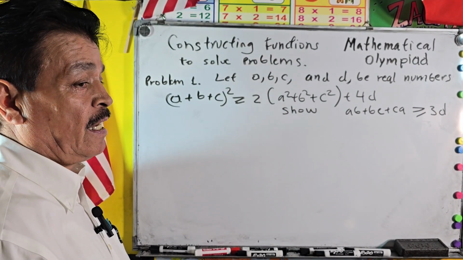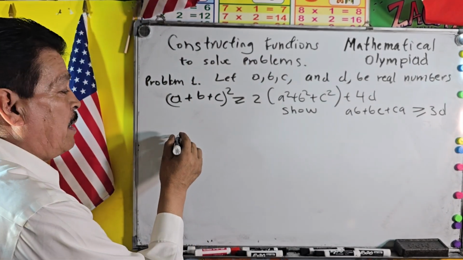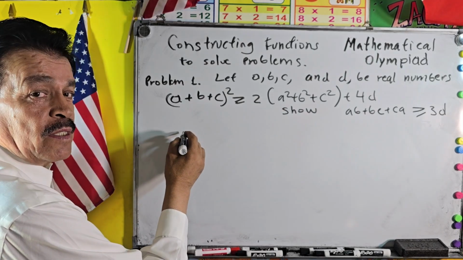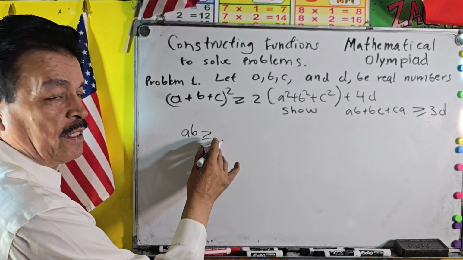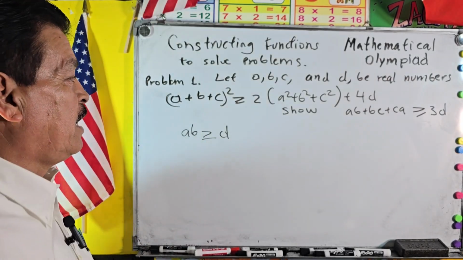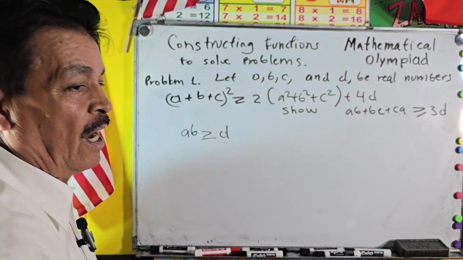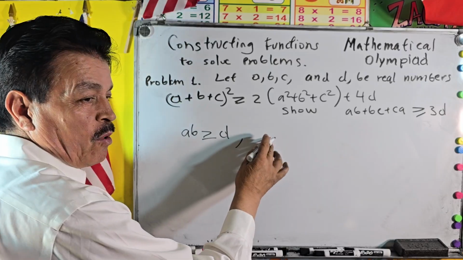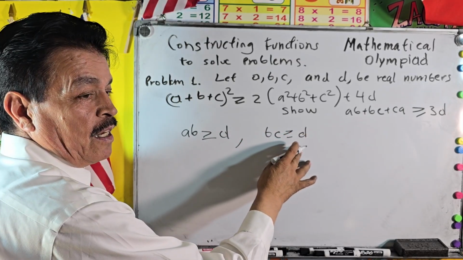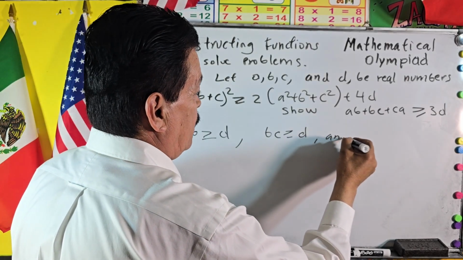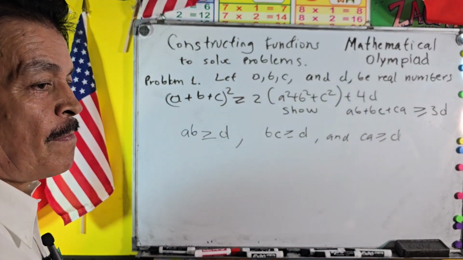If we prove, with some critical thinking, that ab is greater or equal than d, and similarly prove bc is greater or equal than d, and ca is greater or equal than d, right?